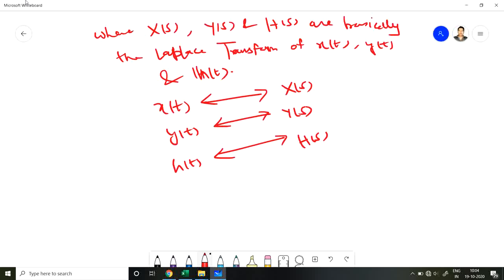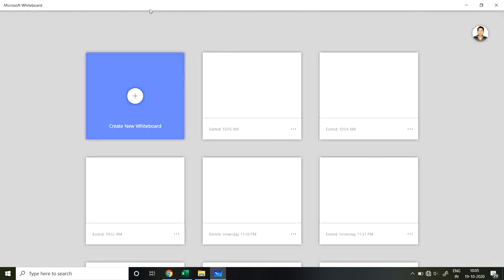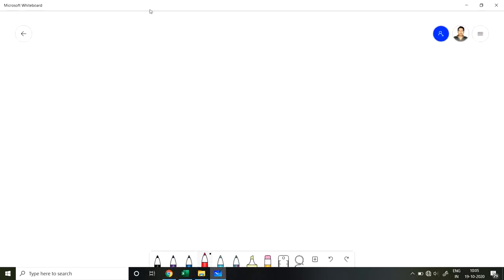So if we see the relation Y(s) equals X(s) into H(s), then we can find the system transfer function, that is H(s) equals Y(s) divided by X(s). H(s) is called the system transfer function.